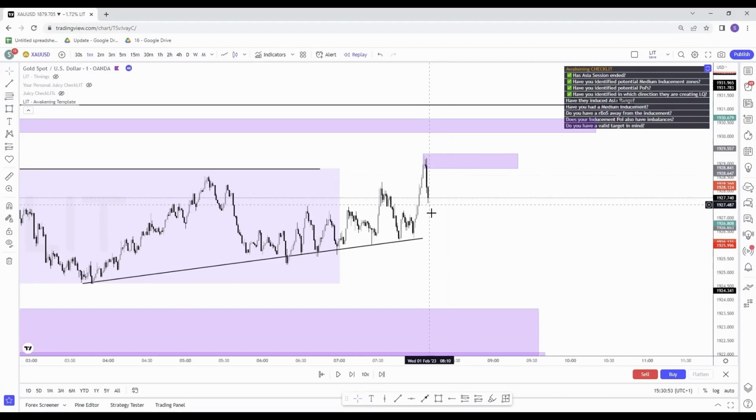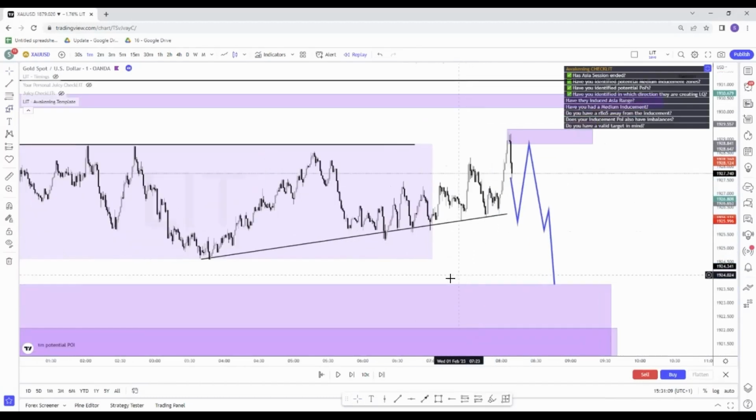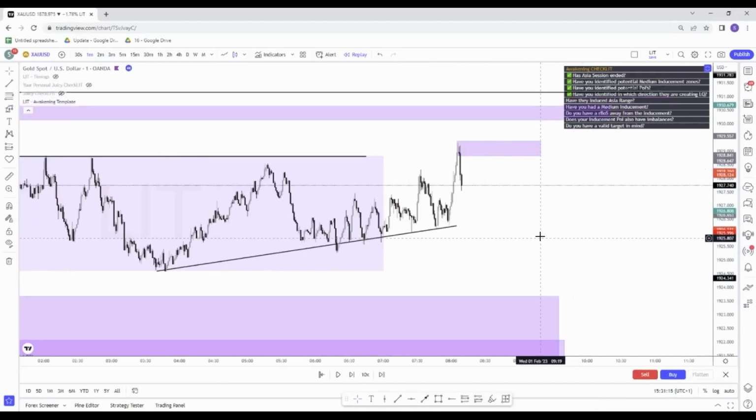If price does give us a relevant break of structure, only to then mitigate, for example, we continue down here, get our relevant break of structure of this point, come back to mitigate, then of course we can at minimum even target this point as opposed to just the Asia range. So we can extend our nice risk to reward in that case. Again, we need to wait and see.